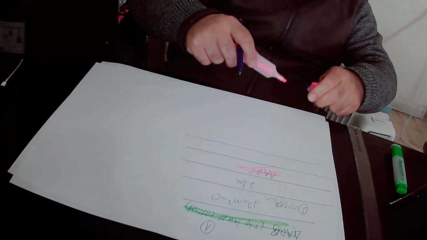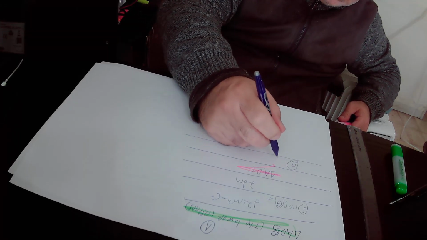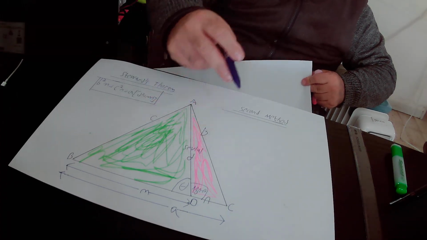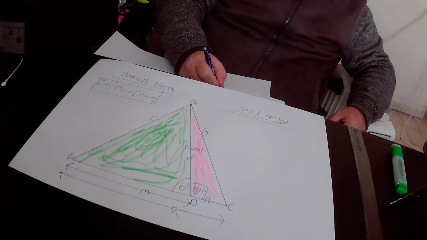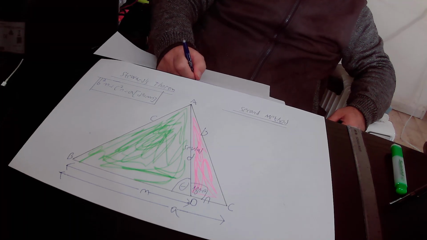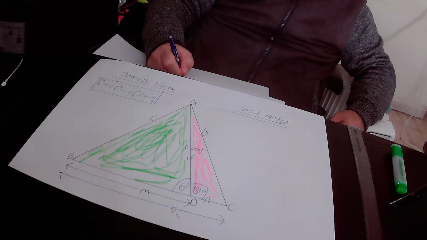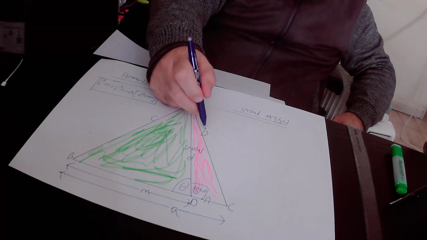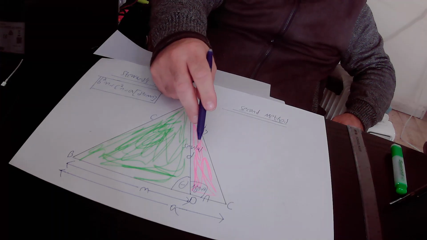So, according to the law of cosines in the pink triangle ADC, we will get that cosine 180 degrees minus theta equals d squared plus n squared minus b squared over 2 times d times n.